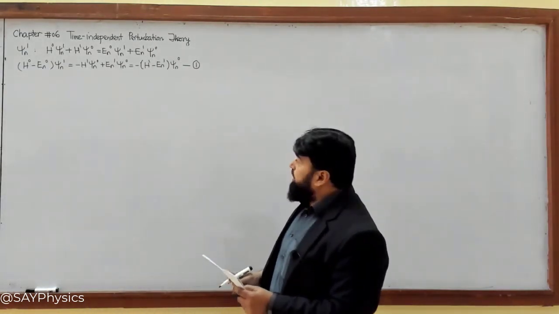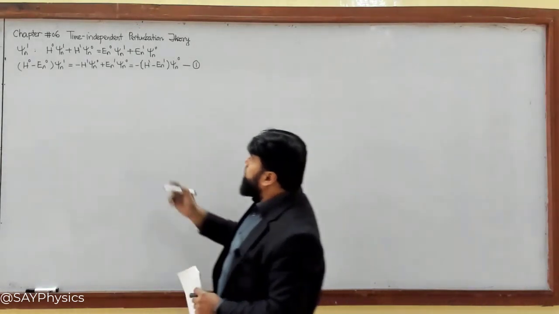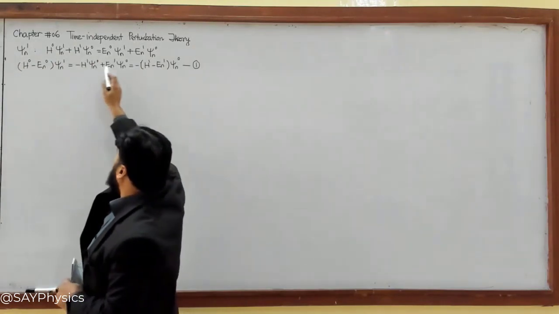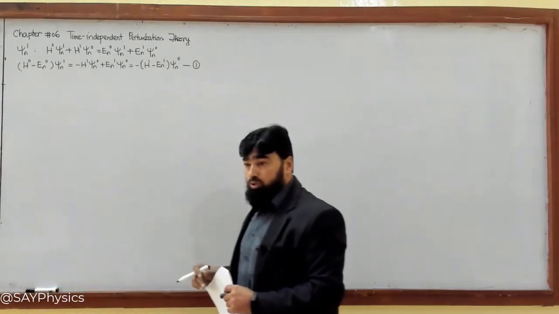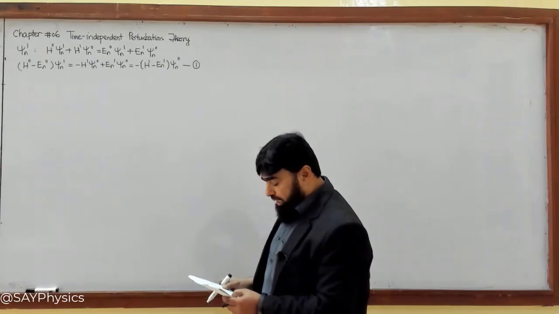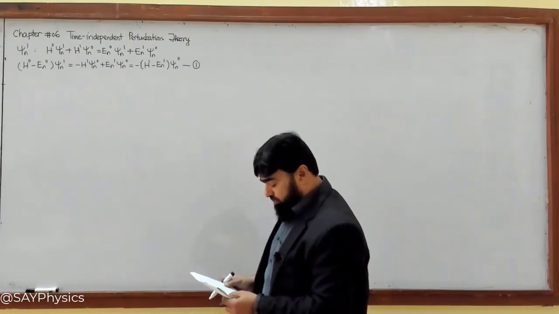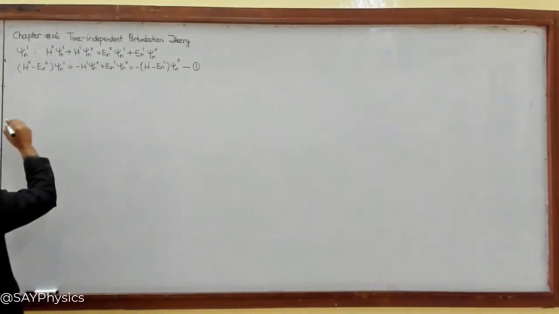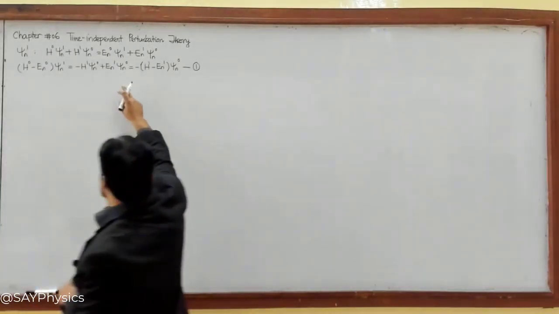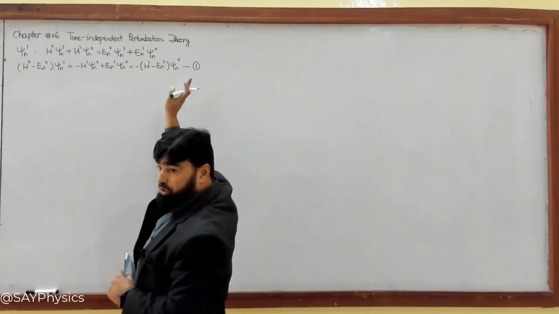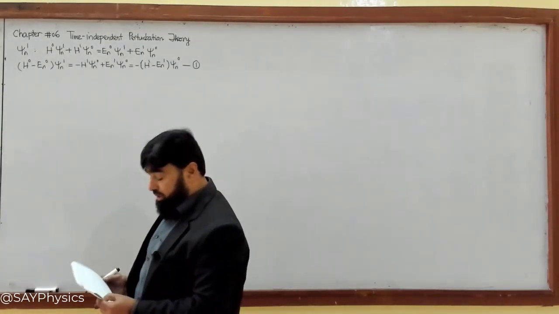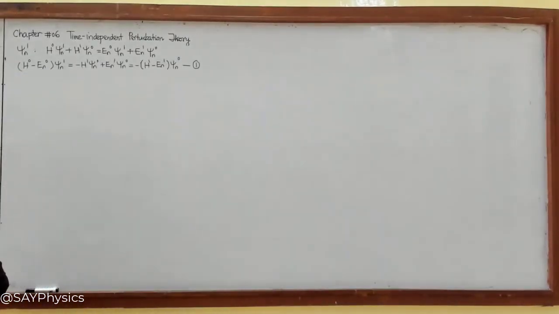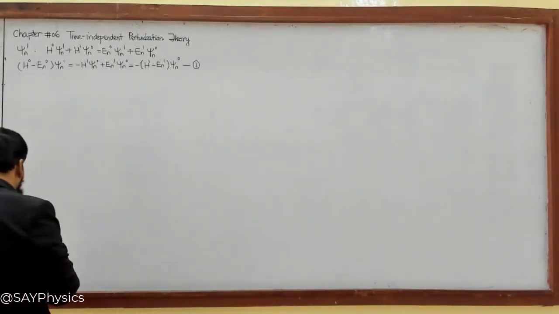And now what is my job? My job is to find out psi n1. So I will have to get rid of the additional terms here. In order to do that, let me write this psi n1 in the form of other wave functions, like an orthonormal set of wave functions. Let me write it as a complete set.